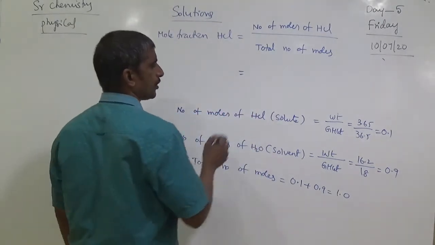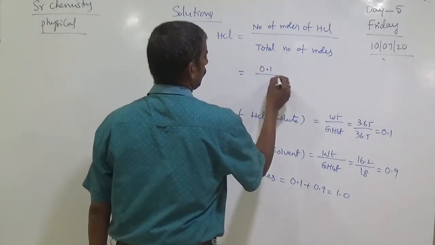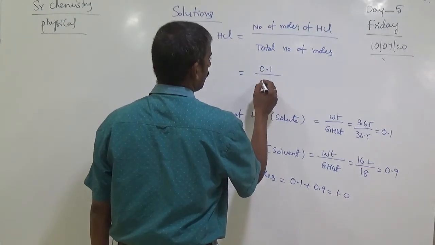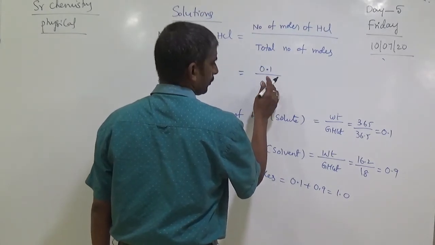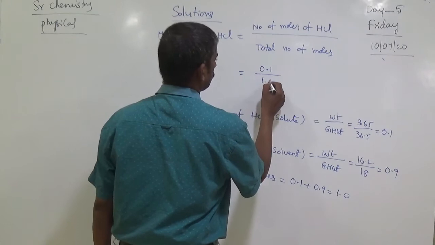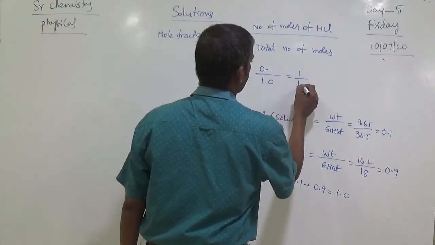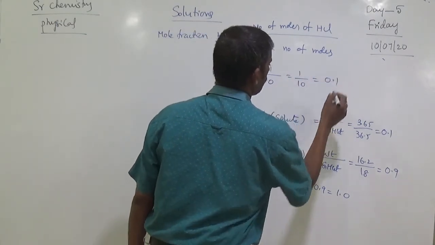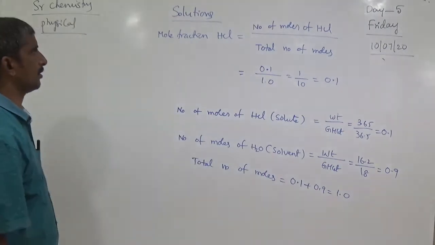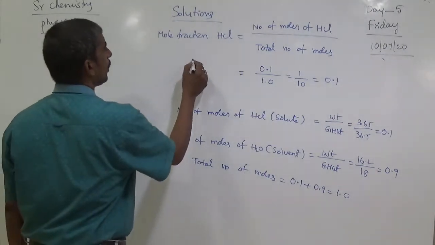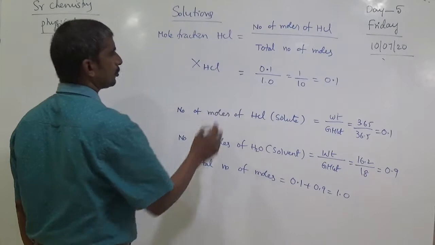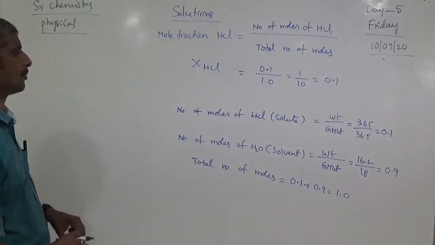Number of moles of HCl is 0.1, total is 1. So 0.1 by 1 equals 0.1. That means the mole fraction of HCl is 0.1. Completed.